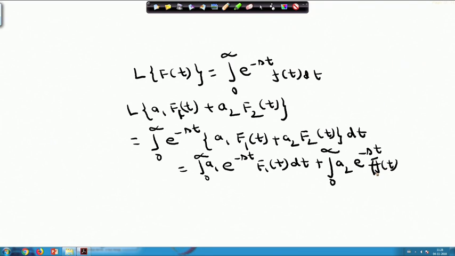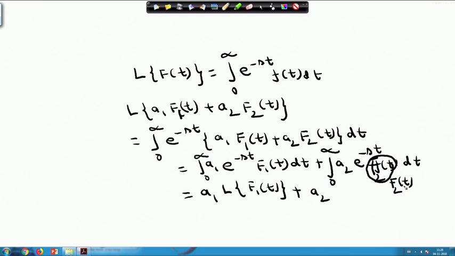Sorry, this will be f2(t) dt. The first is nothing but a1 times the Laplace transform of f1(t), plus a2 times the integral of e^(-st) f2(t) dt, which is the Laplace transform of f2(t).